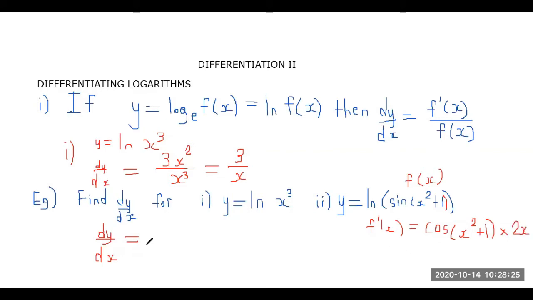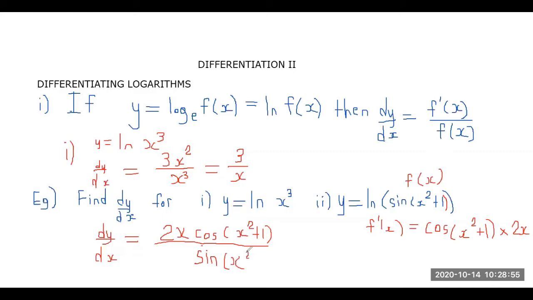And so dy by dx then is going to be 2x times the cosine of x squared plus 1, divided by your f of x, which is sine of x squared plus 1.